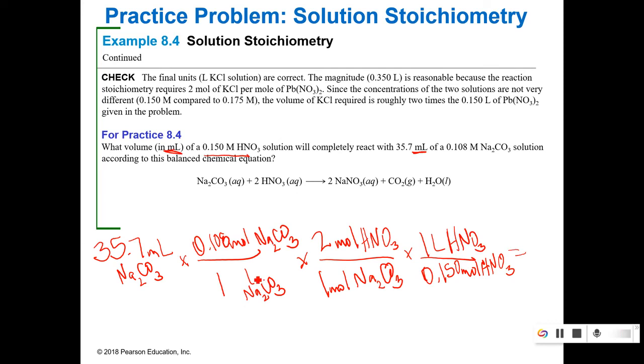Okay, so remember, these 2 liters cancel. Moles, moles, moles, moles. So I'm left with milliliters of nitric acid. Again, this only works if they're both milliliters or they're both kilograms from just normal stoichiometry. So I get 51.4 ml HNO3 nitric acid.